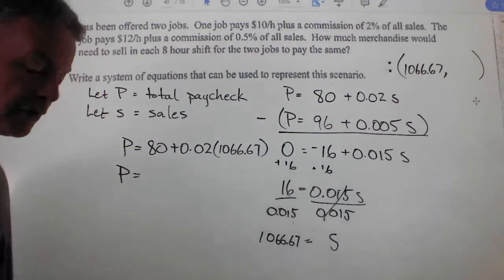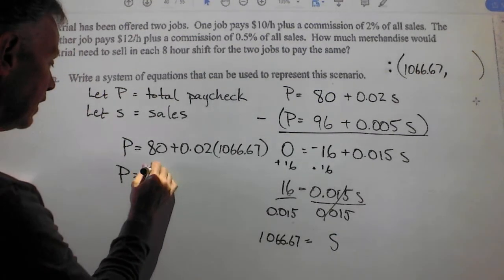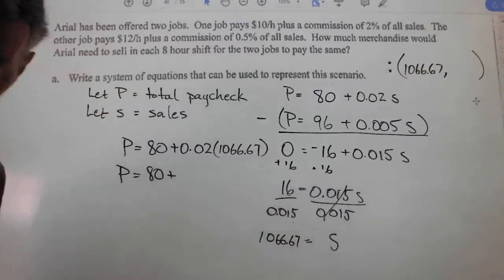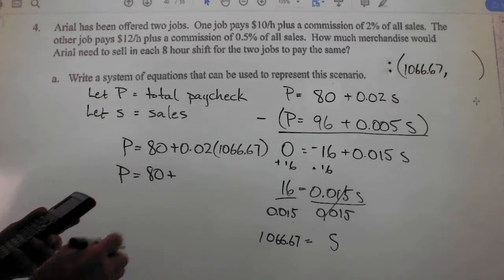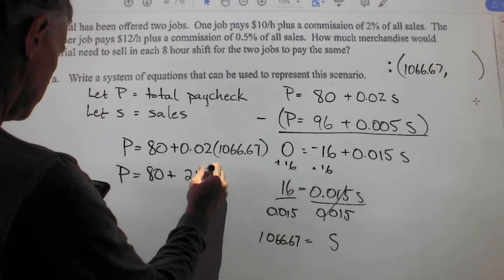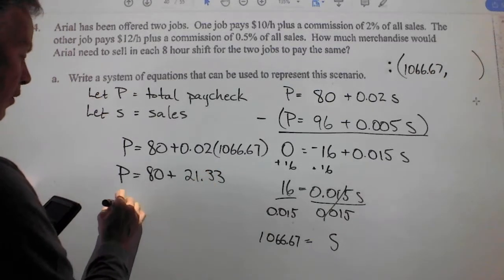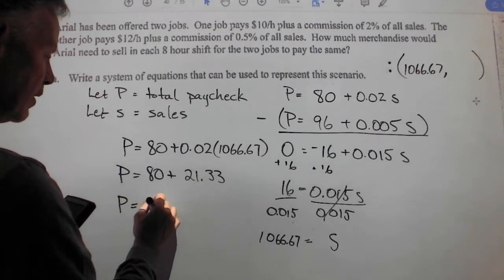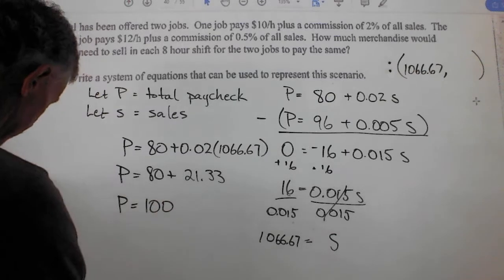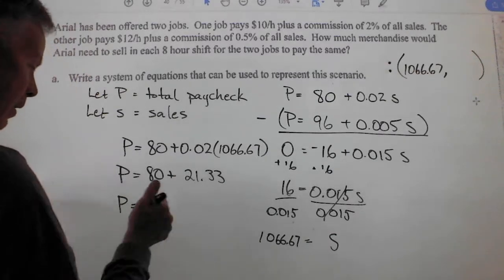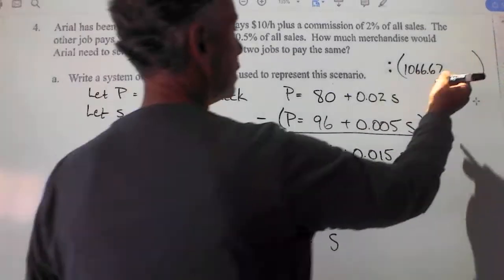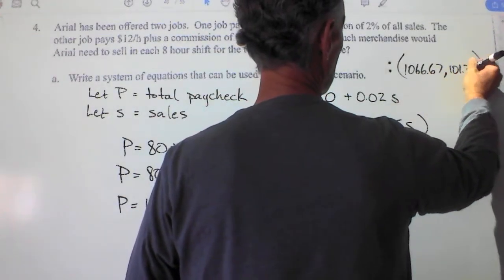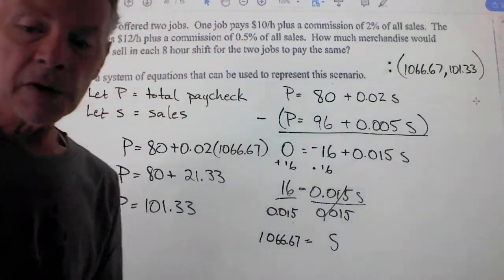P equals 80 plus, and we'll figure what this is in a second. It is 21.33 for a paycheck of $101.33. So what does that mean?